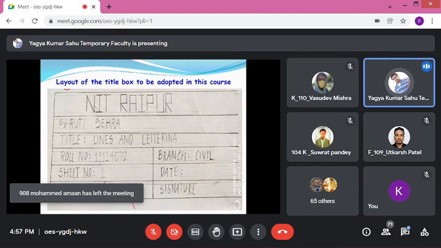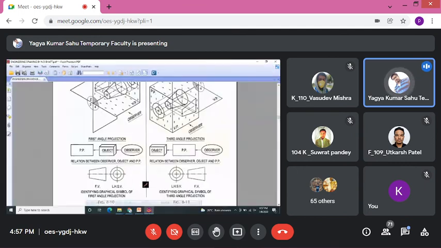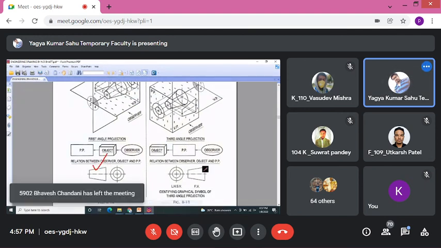Now this place is for the symbol of method of drawing. Symbol of method of drawing means whether you are using first angle projection or third angle projection. If you are using first angle, draw this one. If you are using third angle, draw this one.